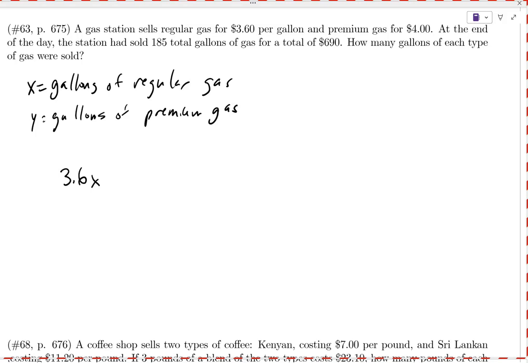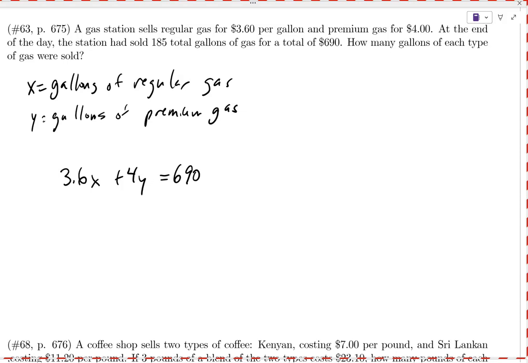That would give you the amount of money you made from selling regular gas. And 4y would be the amount of money you made for the premium gas. And all together, that better be $690. That's one equation. And that's basically a total revenue equation, if you will.